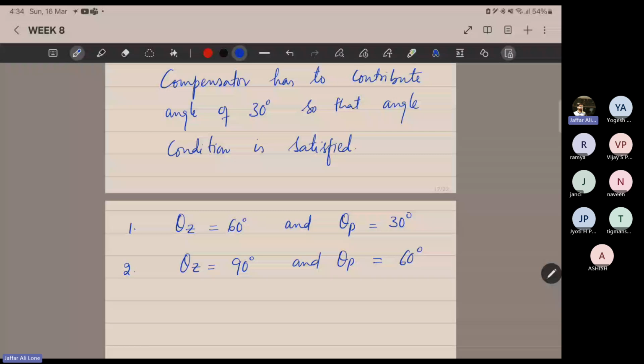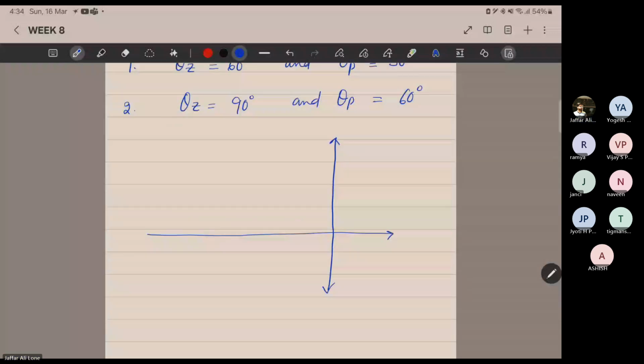Let's again draw the root locus, or just I'll compute zc and pc. So my one pole was at 0, other pole was at -2, right? There was one zero here and one pole here. The desired point was here, right?